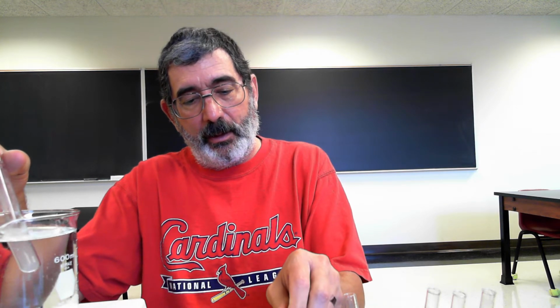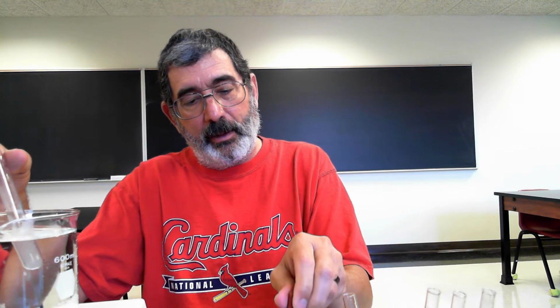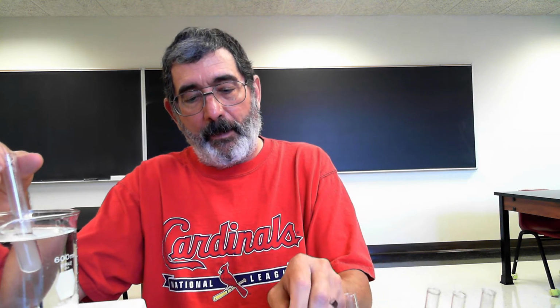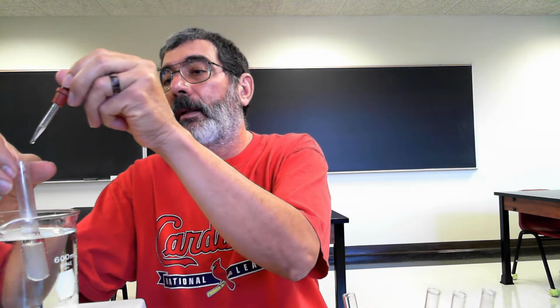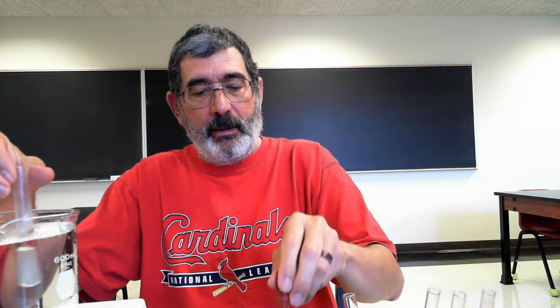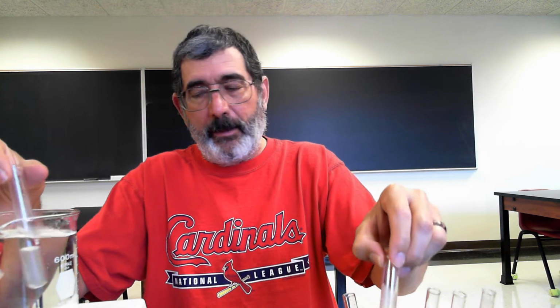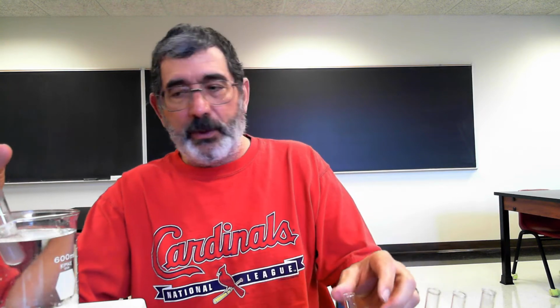Okay, so now I'm going to add our reactant, our substrate. First to the cold water, and then we'll add some to the hot water as well. And we'll stir again. So let's go back and check our room temperature water.